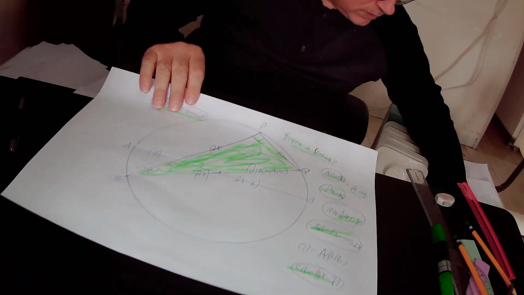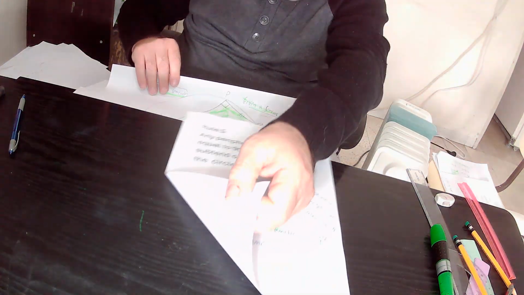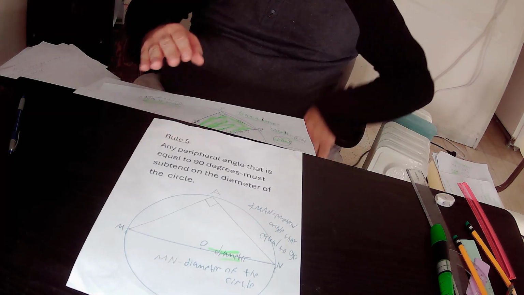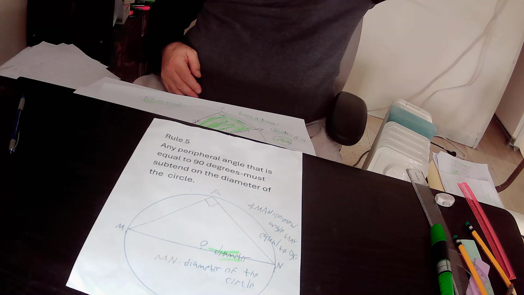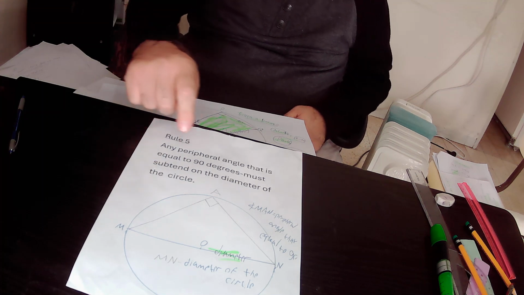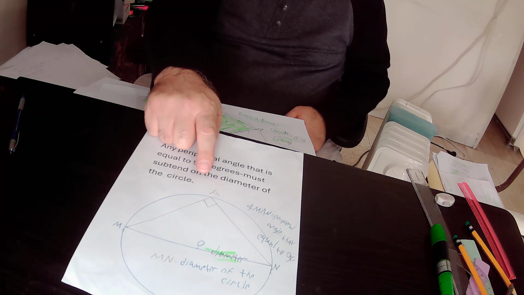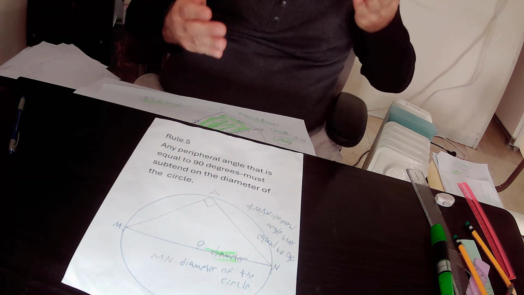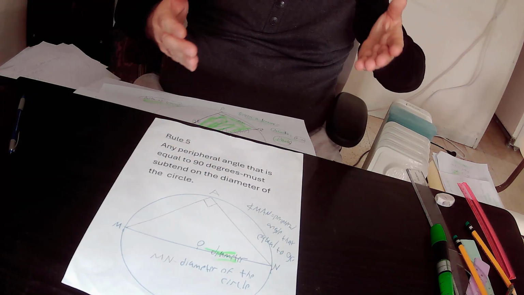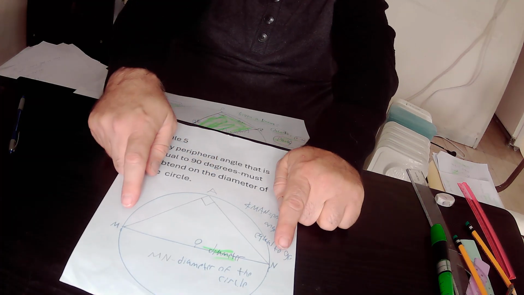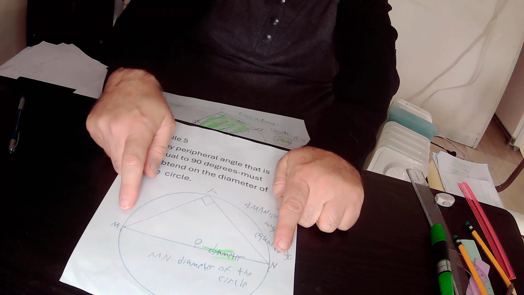Let me quickly repeat rule 5: any inscribed angle that equals 90 degrees must subtend the diameter of the circle. In the drawing circle, this is angle MAN, which equals 90 degrees, and therefore, according to this rule, it must subtend the diameter of the circle. And indeed, angle MAN subtends chord MN, which is the diameter of this circle.